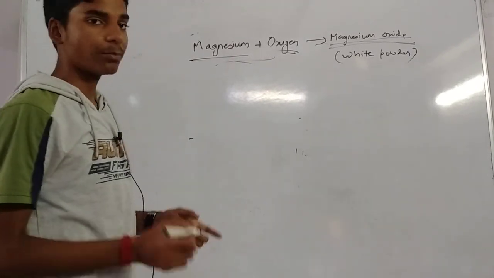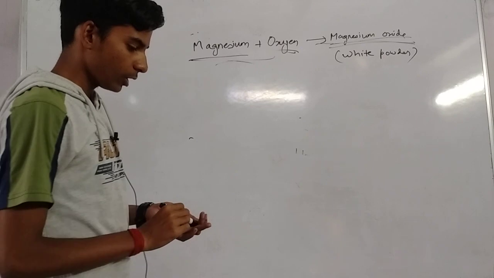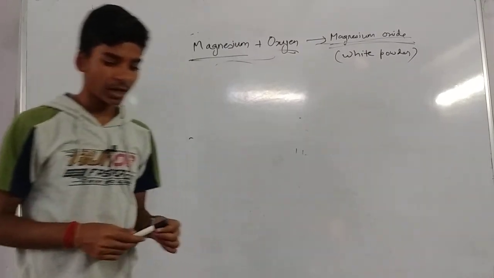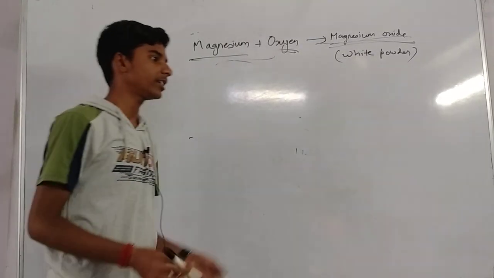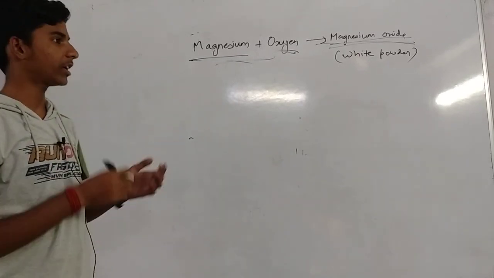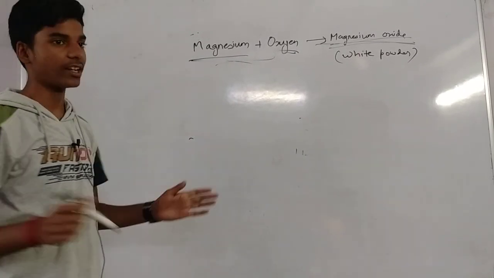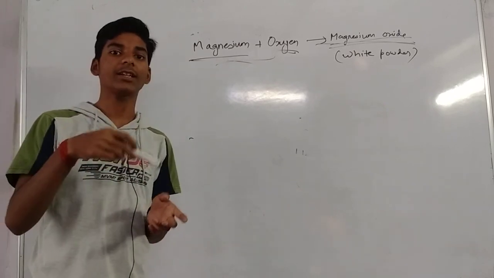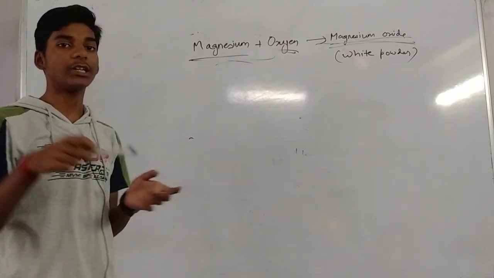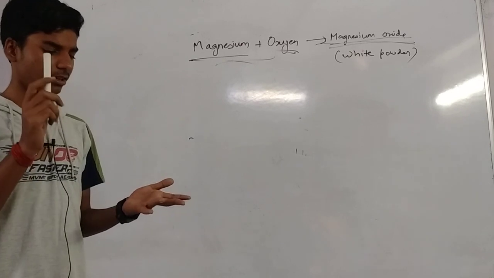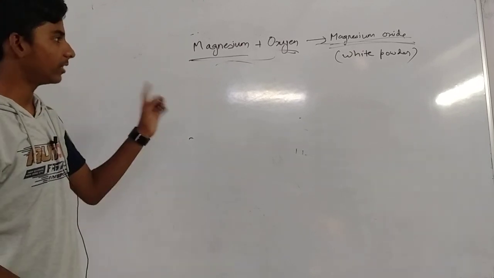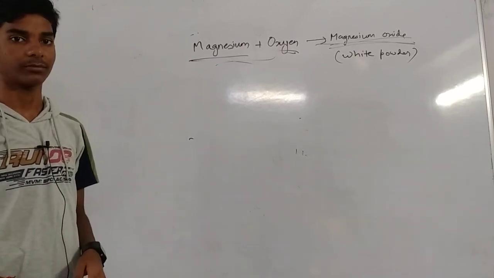It will form a white powder of magnesium oxide. So a chemical reaction is nothing but a process of chemical change. When two substances react and form an entirely different compound, or a new substance, on heating or any other process, then it is called a chemical reaction.